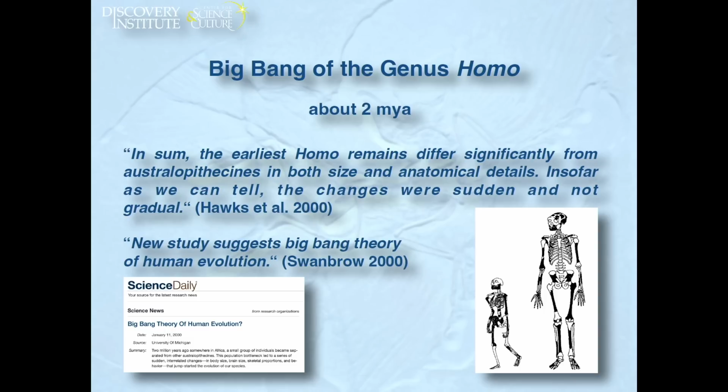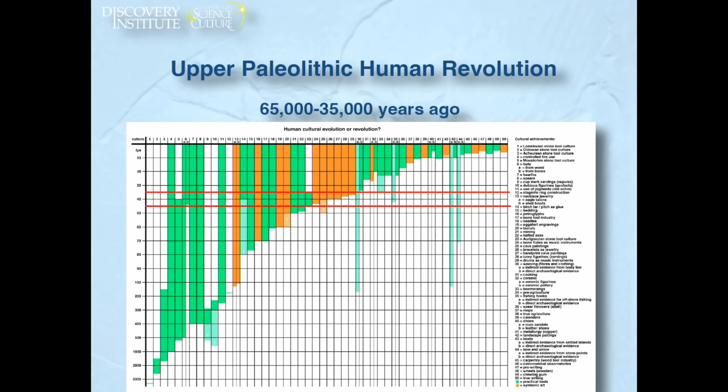So, how has this been called in the press release of this research? The Big Bang theory of the origin of the genus Homo. And even if we look at our cultural evolution, I've plotted here in this diagram a comparison between evidence for just tool-making behavior, just making stone tools to cut meat, in green, and evidence in yellow, which would be evidence for symbolic behavior.